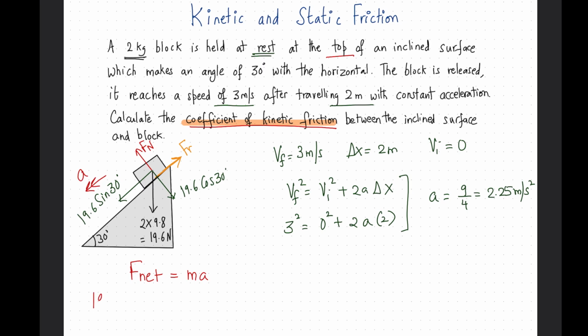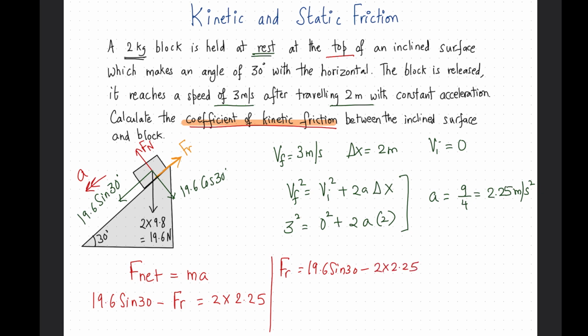So we can write 19.6 sine 30 minus friction is equal to the mass, which is 2 times 2.25, that's the acceleration. So we can get friction force from here. Friction is equal to 19.6 sine 30 minus 2 times 2.25.